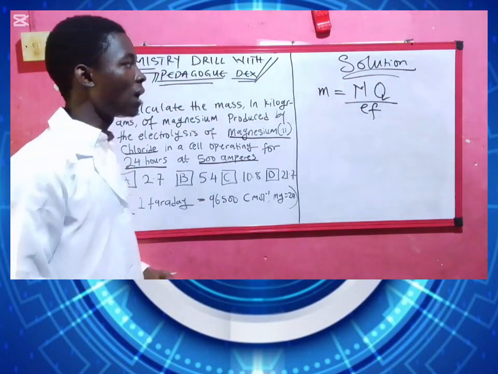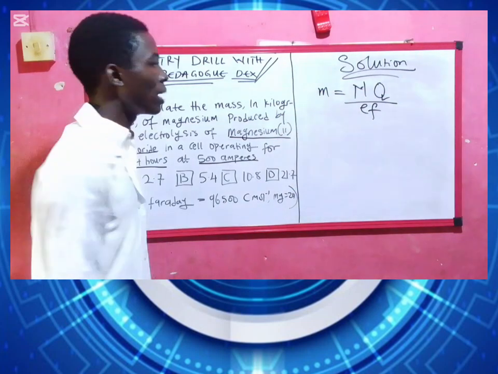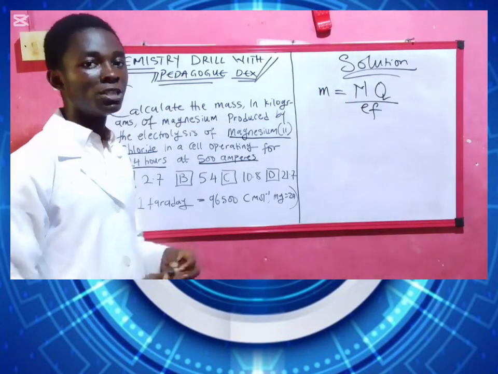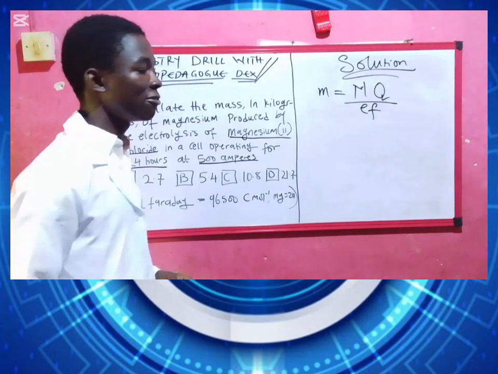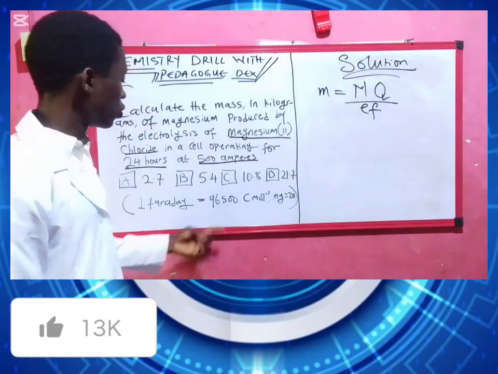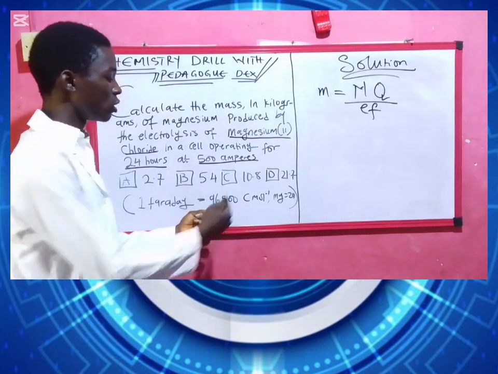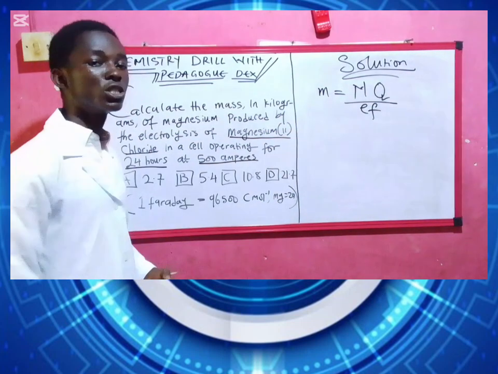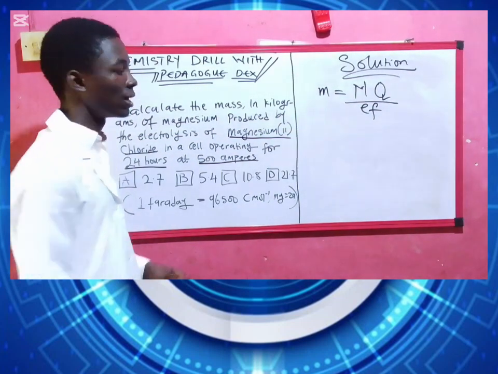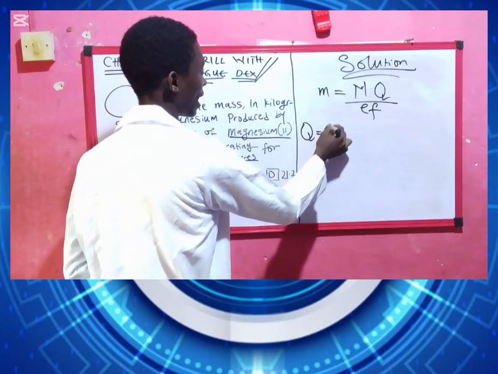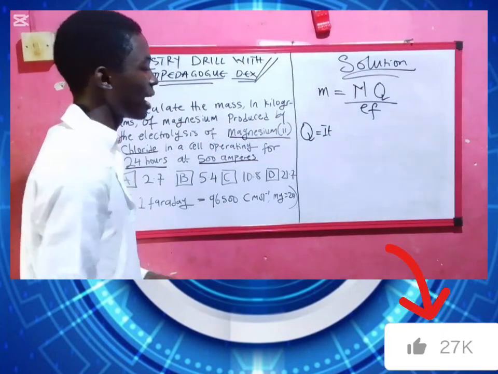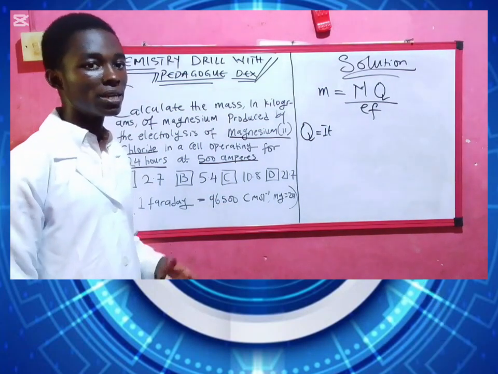Now capital M stands for molar mass, Q stands for quantity of electricity, E is the electronic charge of the element we are working with, and F is Faraday's constant, which is 96,500 coulombs per mole. Q, the quantity of electricity, has its own formula: Q is equal to IT, where I is current in ampere and T is time in seconds.